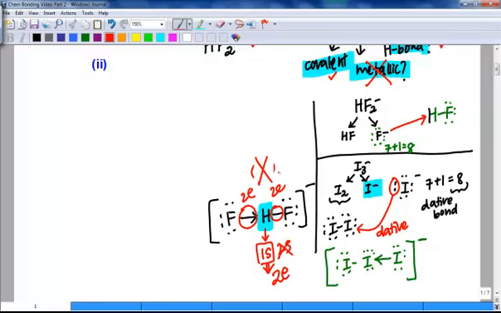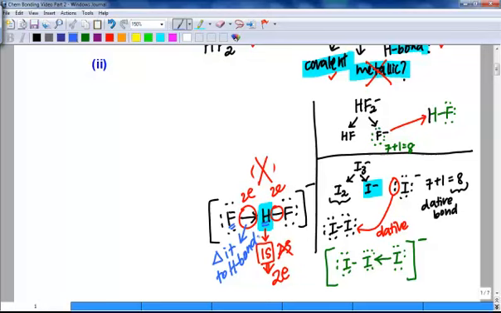If it is not possible, what do you think this dative bond can be changed to? Well, to give you a clue, this is hydrogen, and F is a very electronegative atom, like F, O and N. So I guess that you might have gotten it correct. You must change it to hydrogen bond.